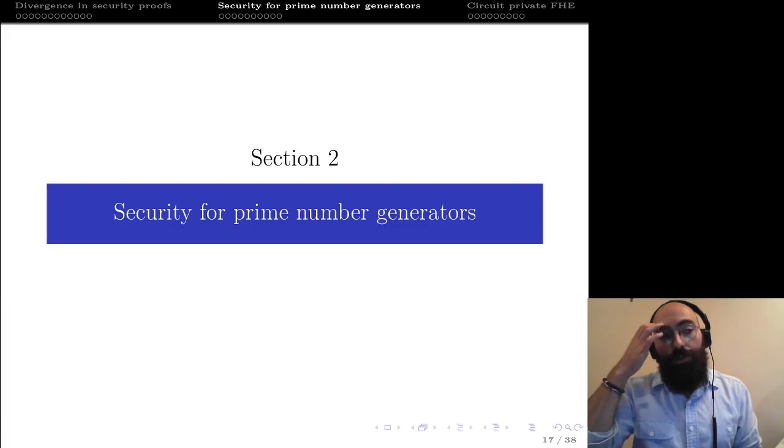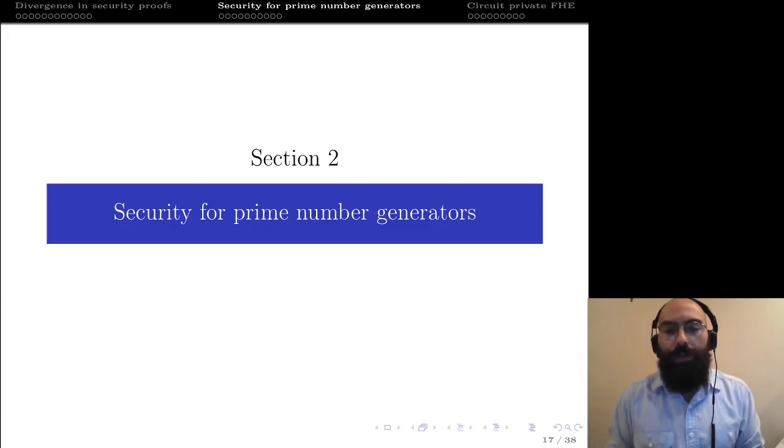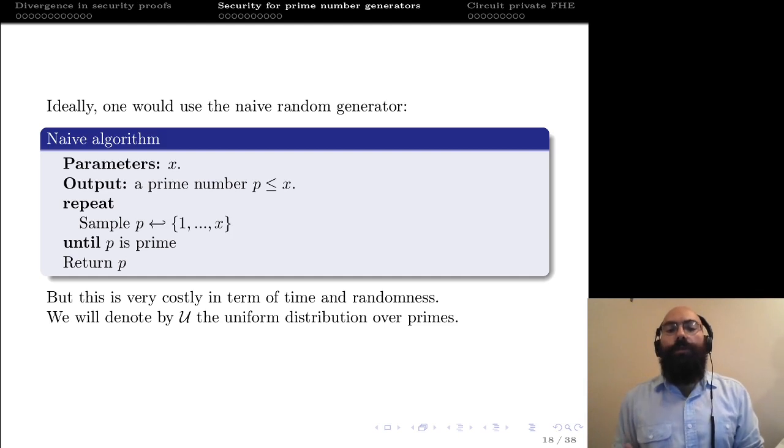But now we move to the first application of the divergence in security proofs, and that is security for prime number generators. So what I mean by security is that when you have to generate random prime numbers for a cryptographic scheme, you want to do it as randomly as possible.